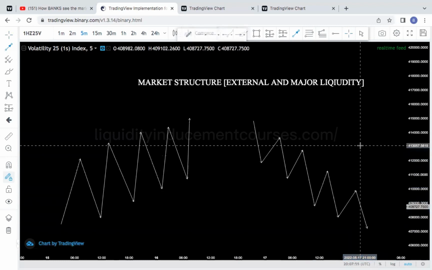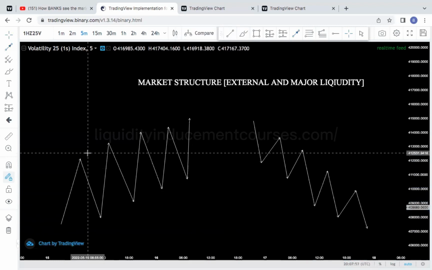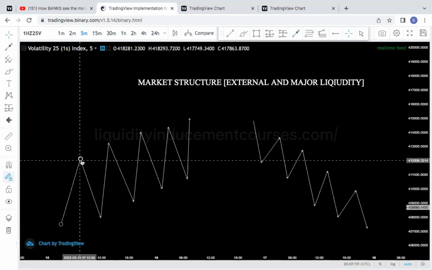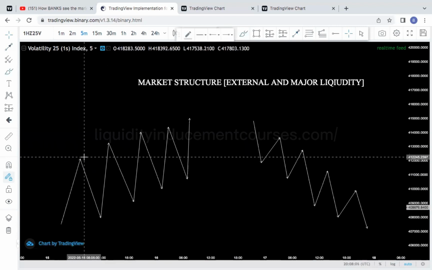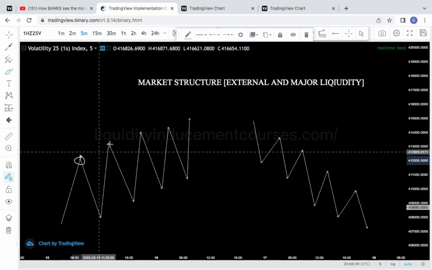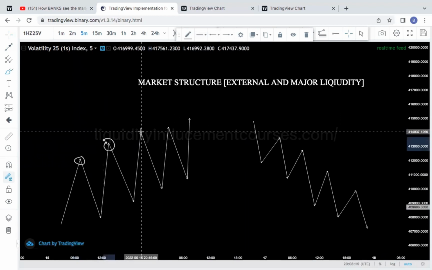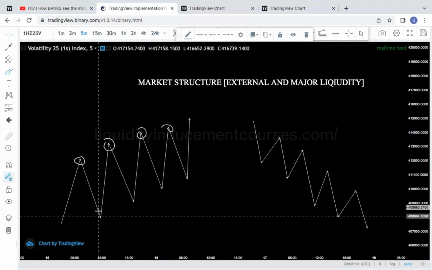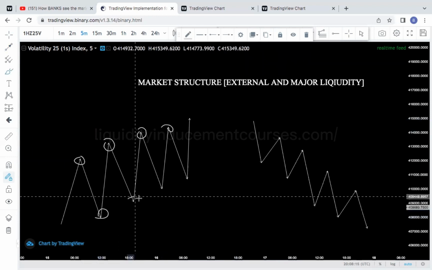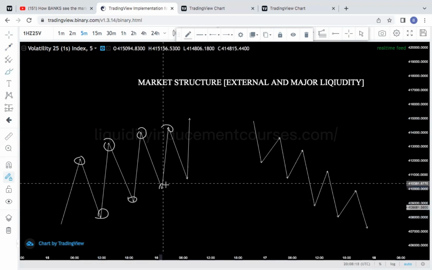The highs of your uptrends, the higher highs on your uptrend, are called external liquidity, while the lows of your uptrend are called major liquidity. I'll tell you why in a minute.